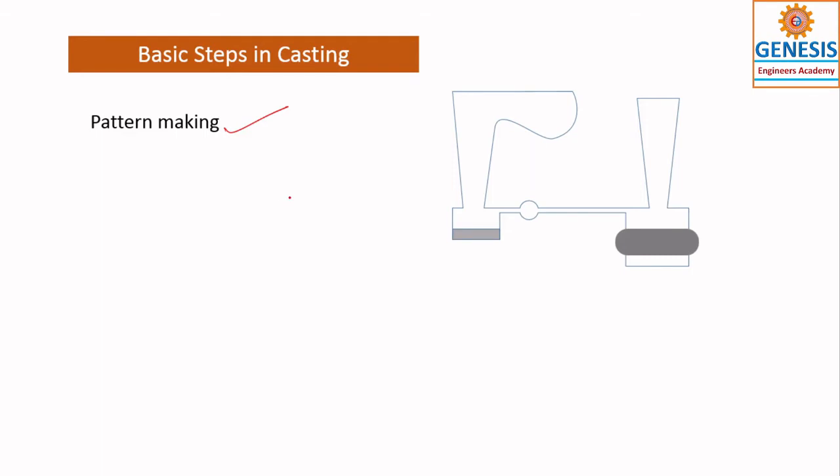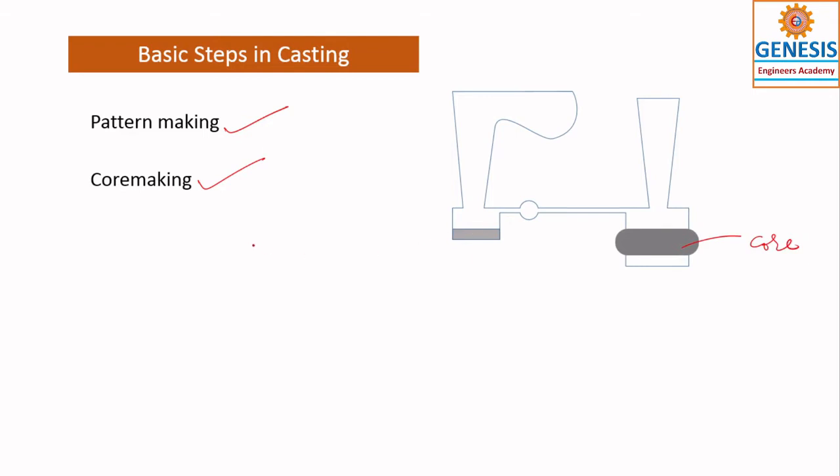After that, there is another thing, that is core making. The core is for intricate shapes inside the part, and also hollow sections, like a hollow cylinder. The hollow part is made by this core.